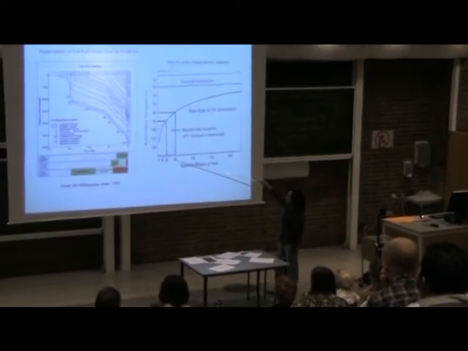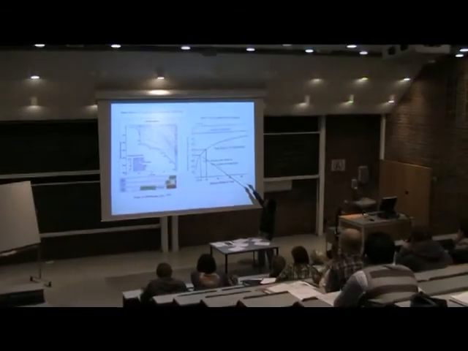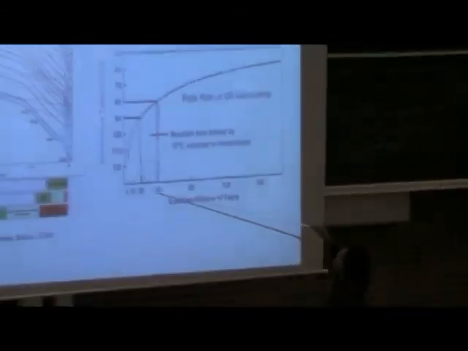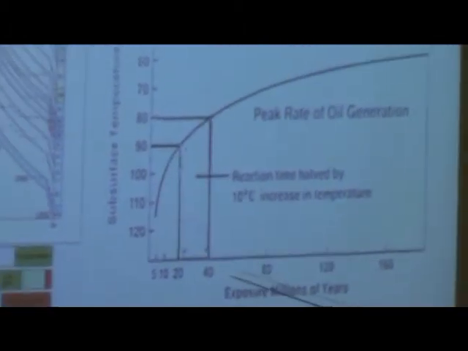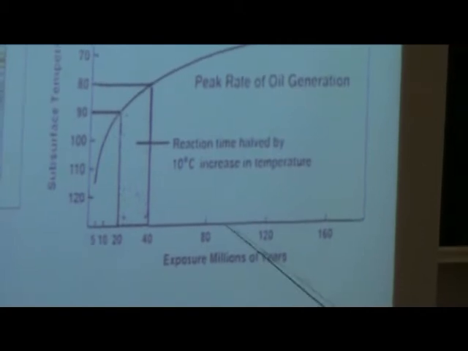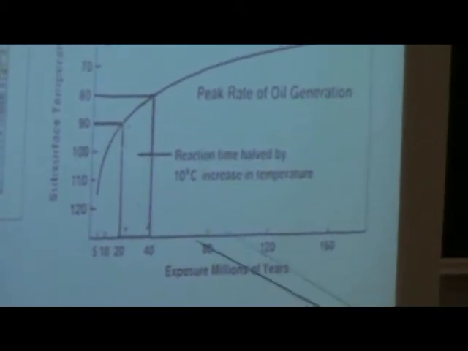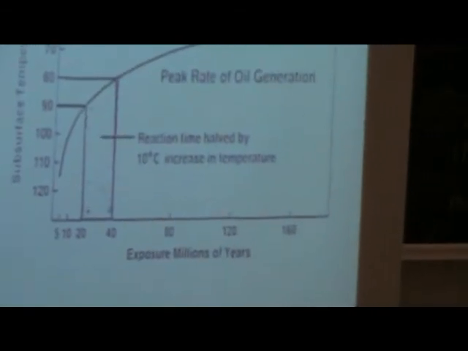It's only 40 million years. Then go to 90 degrees, and go down to 20 million years. 40 minus 20 is 20 million years. So during 20 million years, you exposed your source rocks to this temperature range.